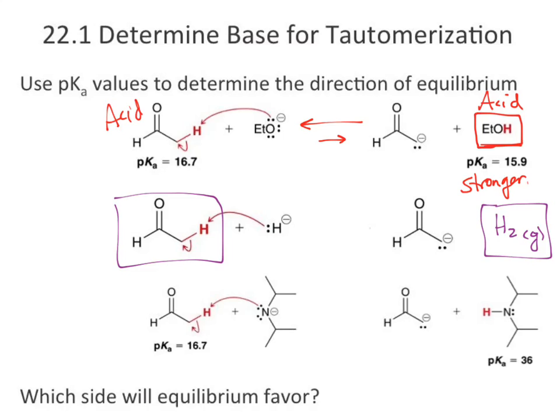Why does that matter? What happens to the gas? It leaves. So if I use hydride as a base, what happens? It reacts, and then this material, our hydrogen gas, disappears.